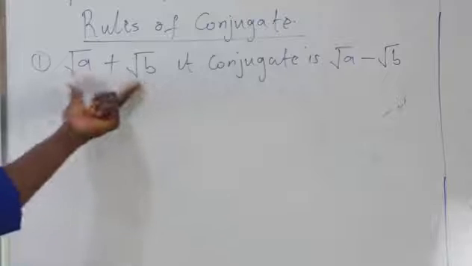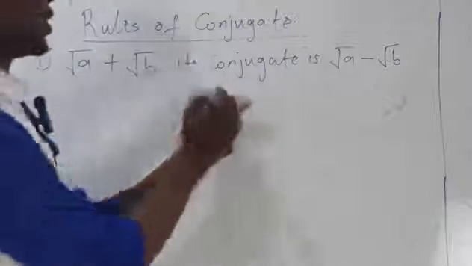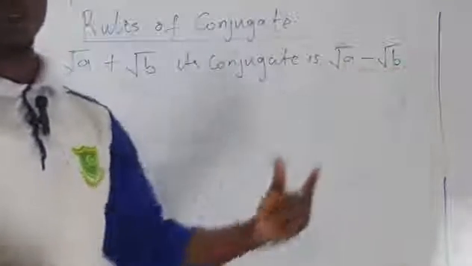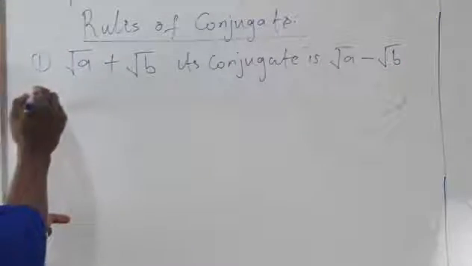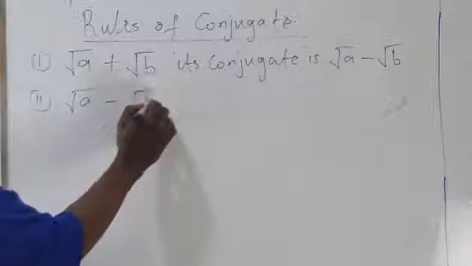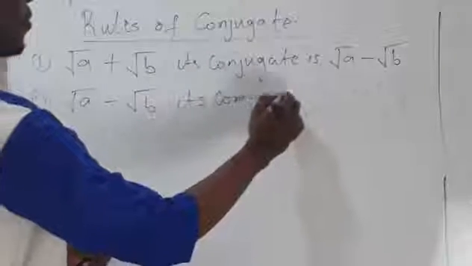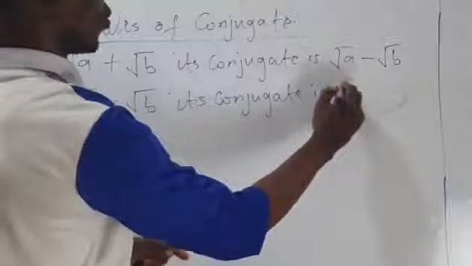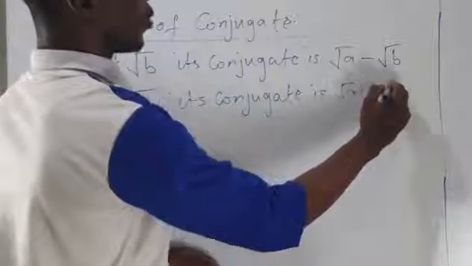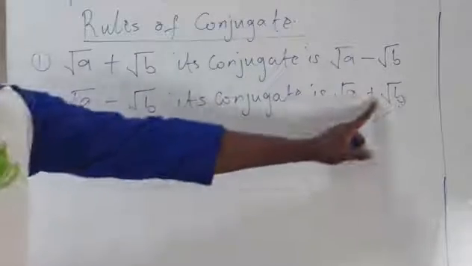So the surd given is root A plus root B, and its conjugate is root A minus root B. Also, the second one is root A minus root B, so its conjugate is root A plus root B. So the minus sign changes to the plus sign.